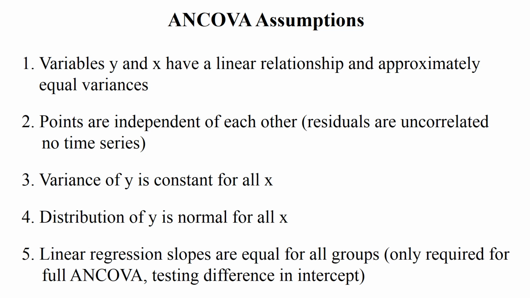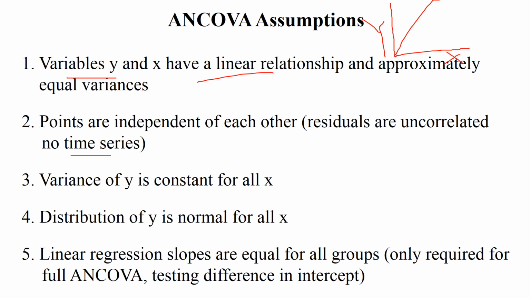Now, the ANCOVA assumptions. Variables y and x have a linear relationship and approximately equal variance. Points are independent of each other, so residuals are uncorrelated with respect to time.